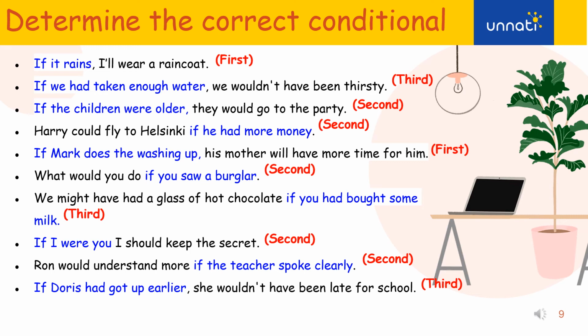Now, note here in this sentence, the condition is in the later part of the sentence and the result is in the beginning. So, that is quite possible. So, we have to understand correctly. If he had more money, that is the condition. Harry could fly to Helsinki, that is the result. So this is a second conditional sentence because both the condition as well as the result are in simple past.